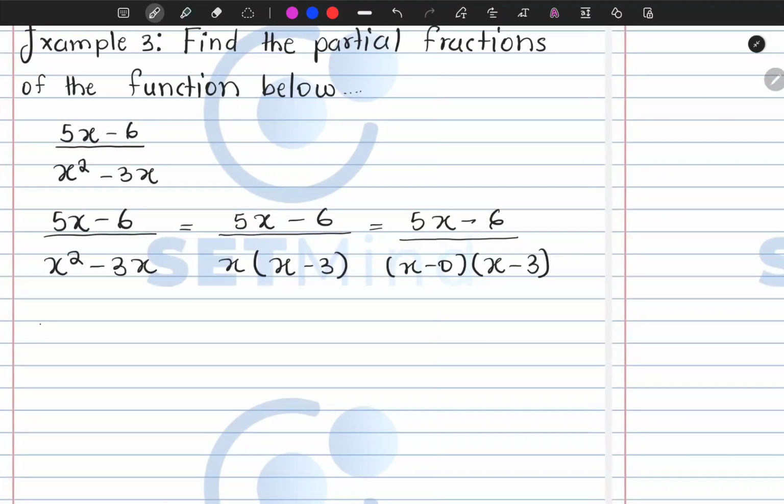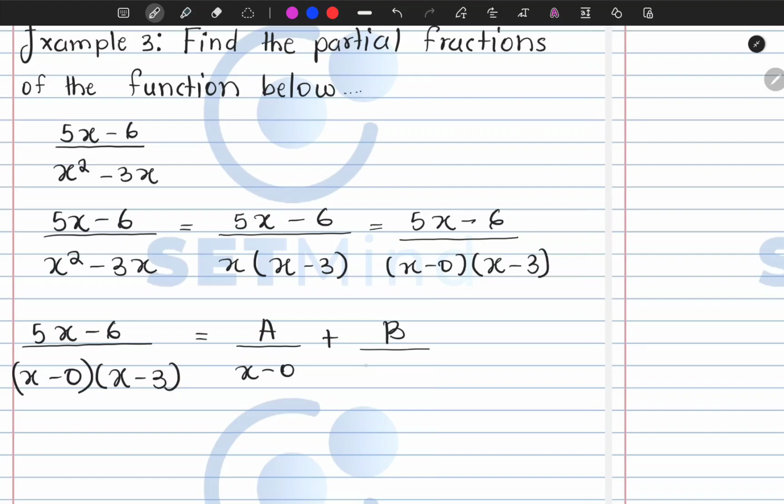Now, since we have that, we can go ahead and split this into its partial fractions. So we have (x minus 0) into bracket (x minus 3). This will be equal to a divided by (x minus 0) plus b divided by (x minus 3).